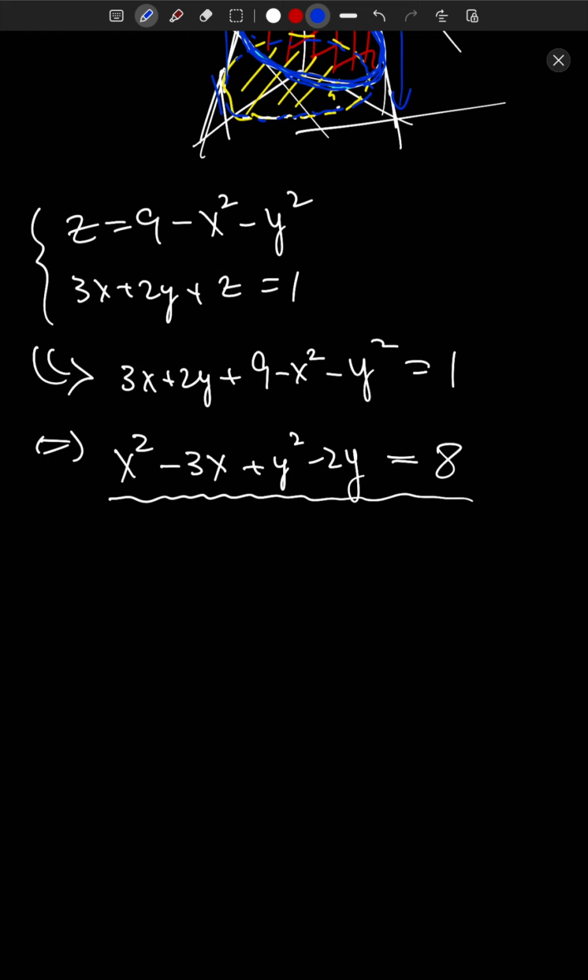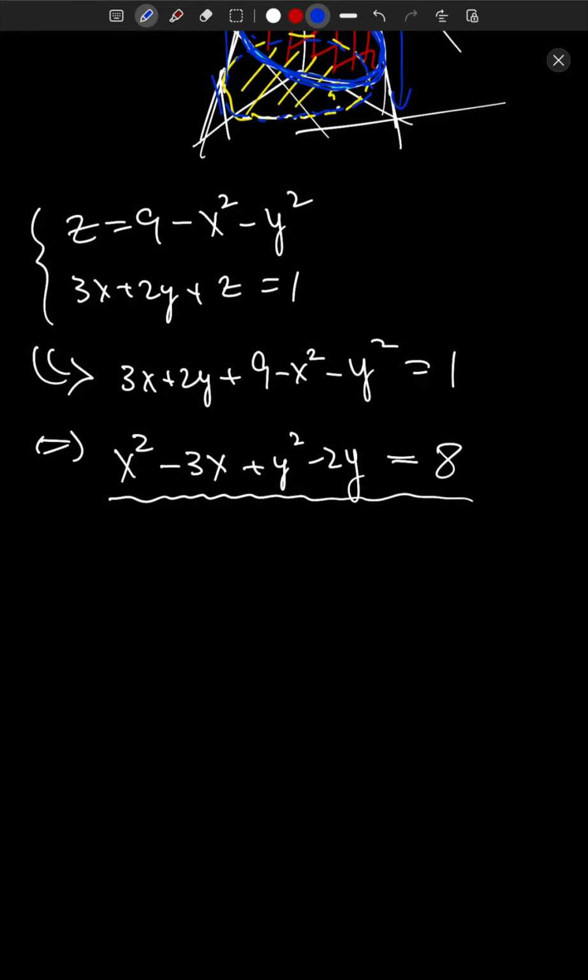Okay. So what is this? Well, we have x squared, we have y squared, we have x and y's here. So we're just going to complete the squares for both of these, and this is going to be a circle of a certain radius about some point, not the origin, right?